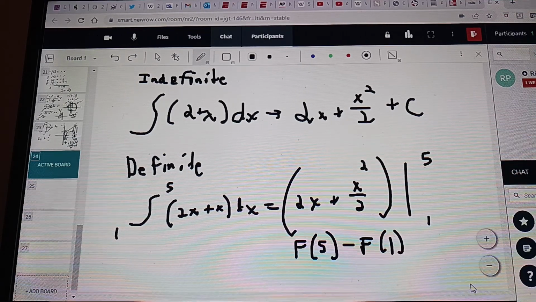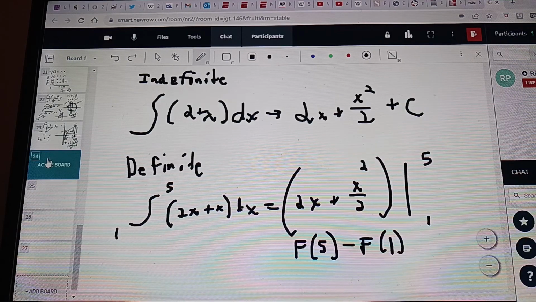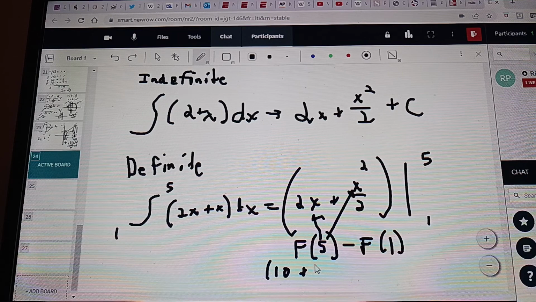If I want to know the area under the curve, I can either use a geometry formula to know it for sure, 20, or I can use estimations with left and right and midpoint rectangles and get an approximation of it. Or it turns out this gives you the exact answer too. F of 5 would be 10, and 5 squared is 25. 25 over 2 is 12.5.